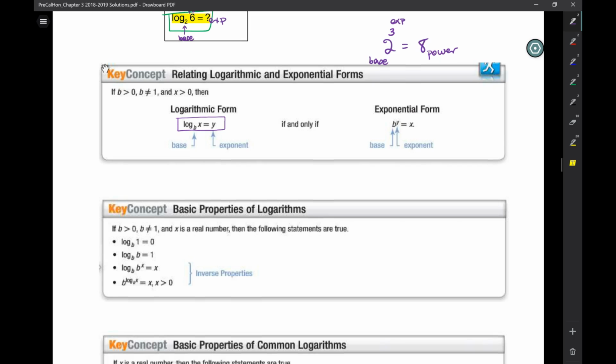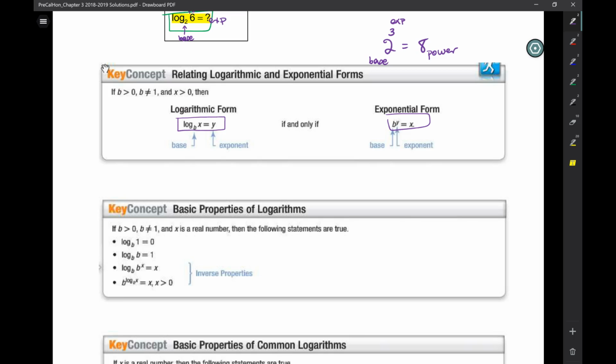And here, right, so this is the logarithmic form. If you want to write it in exponential form, you need a base. Every base needs an exponent, and then that's the value of it with the exponent. Okay? Now, if logarithms are just ways to get an exponent, right?